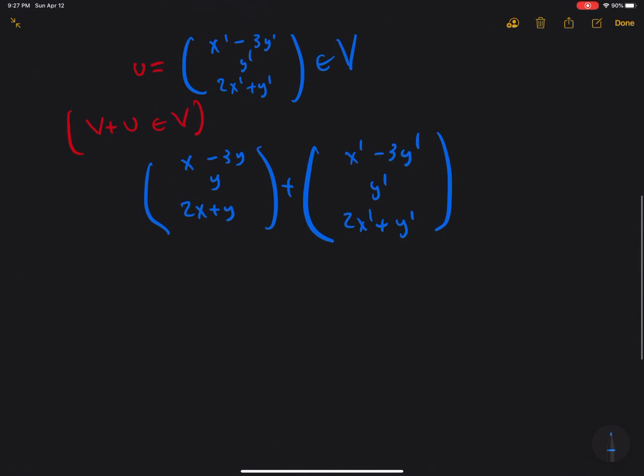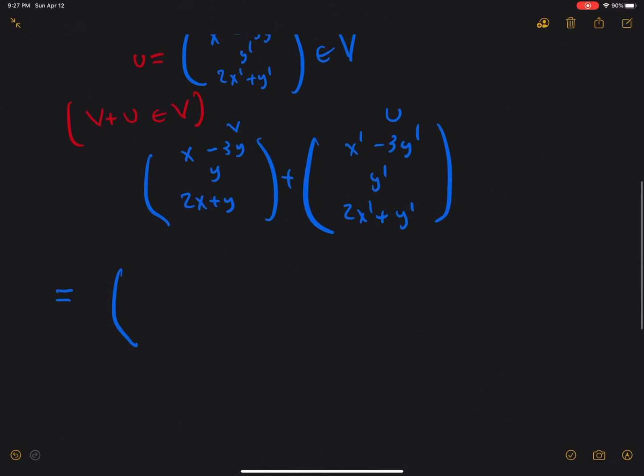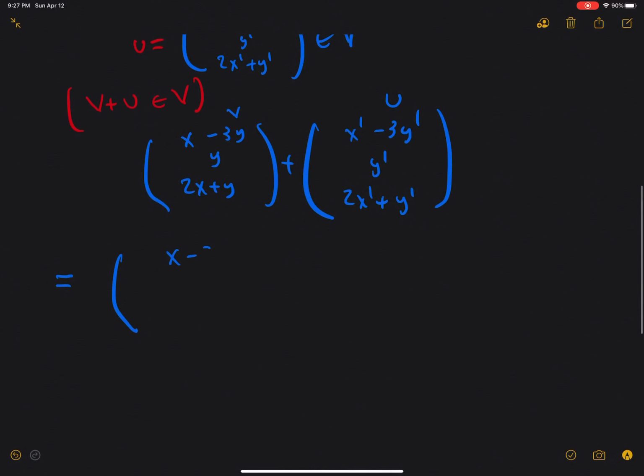So what it means is the following. If we add these two different vectors, we have x minus 3y plus x prime minus 3y prime, y plus y prime, and 2x plus y plus 2x prime plus y prime.